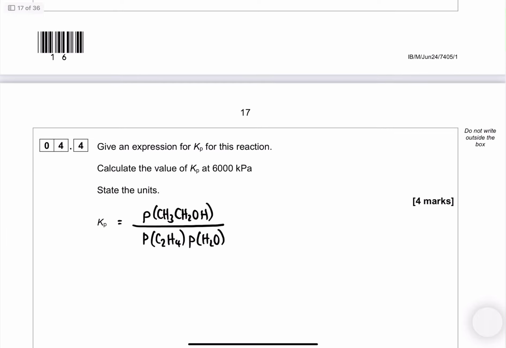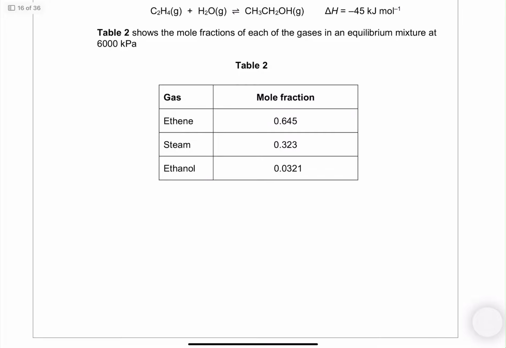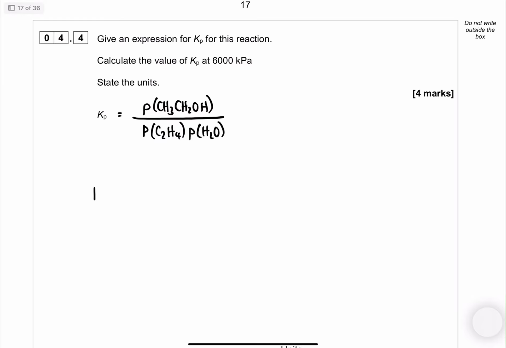Now, these are partial pressures, and what we've got is mole fractions. You find partial pressures by multiplying mole fractions by total pressure. So we've got to times each one of these numbers by 6,000 kilopascals when we put it into our expression. So calculate Kp. We've got the amount that they said for ethanol, which was 0.0321.